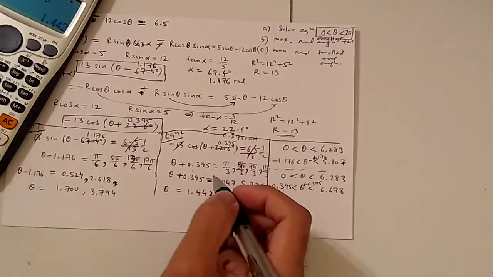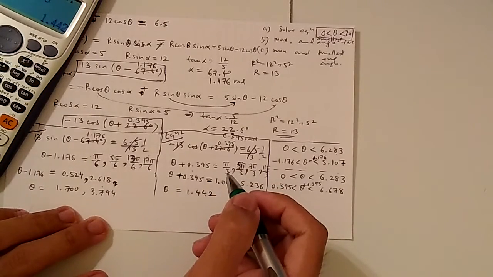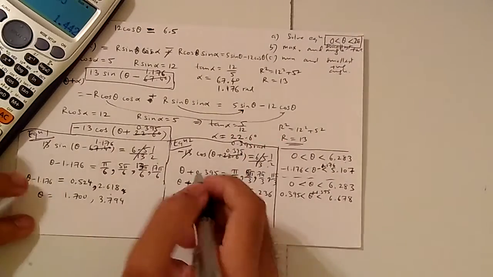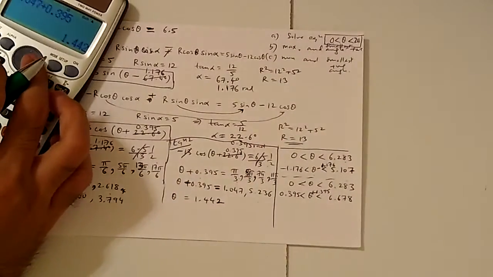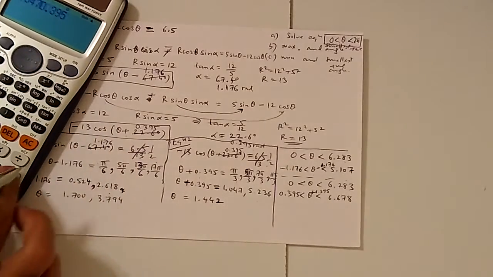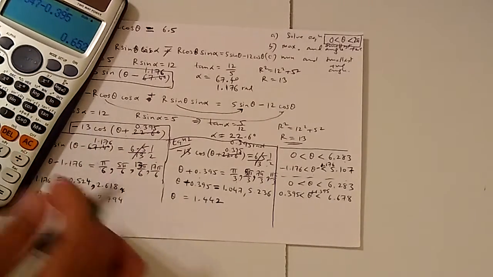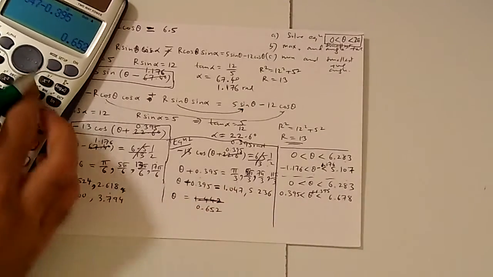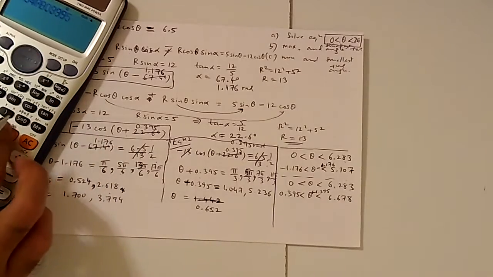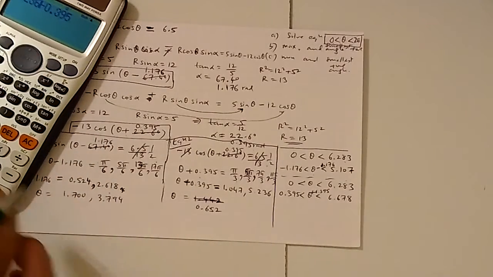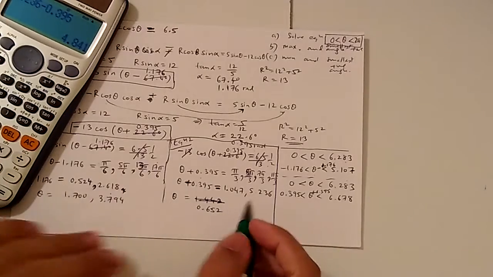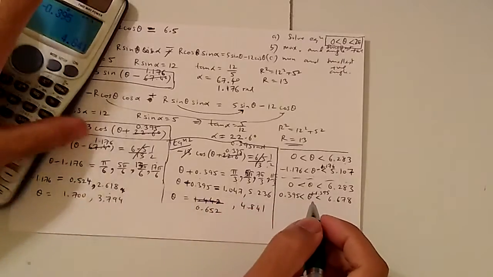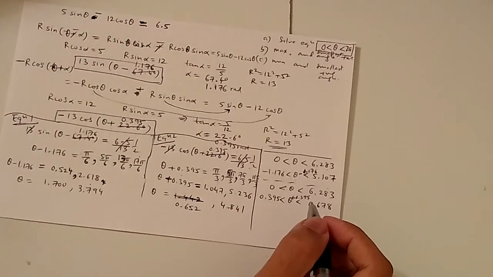Sorry, this is minus, excuse me. 1.047 minus 0.395, and that is 0.652, which is still not correct. And the other one is 5.236 minus 0.395, which is 4.841, which is still not correct. So let's see where exactly we have made a mistake.